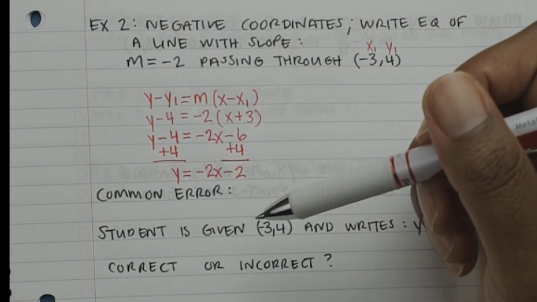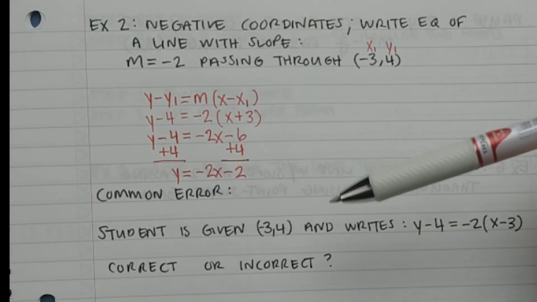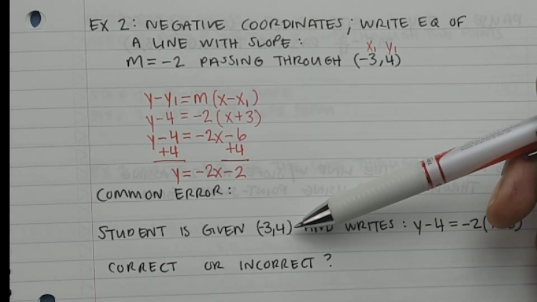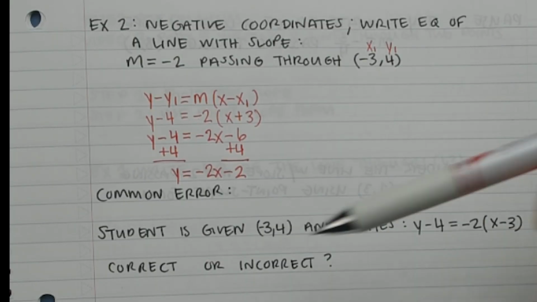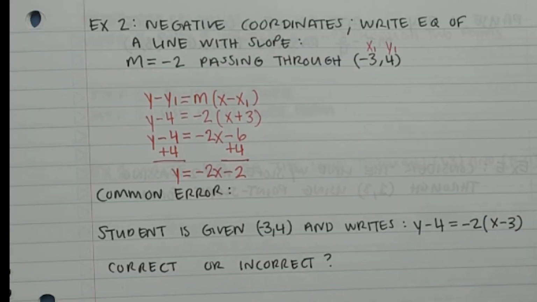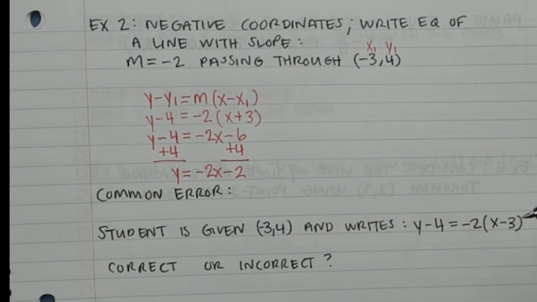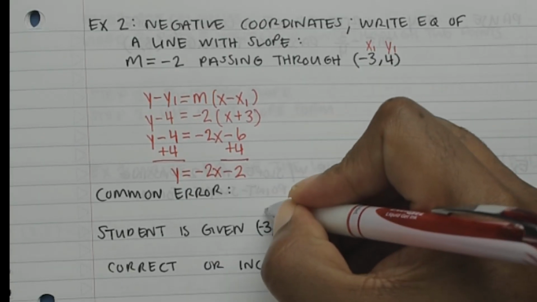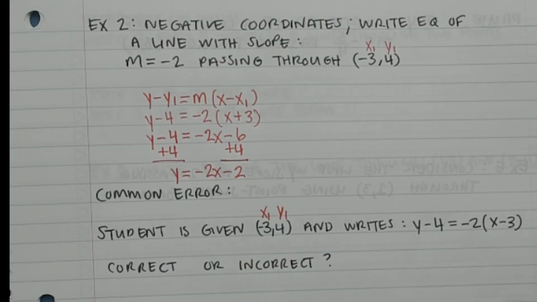One common error is a student is given the point (negative 3, 4), and they write y minus 4 equals negative 2(x minus 3). Are they correct or are they incorrect? The x coordinate is negative 3, and the y coordinate is 4.